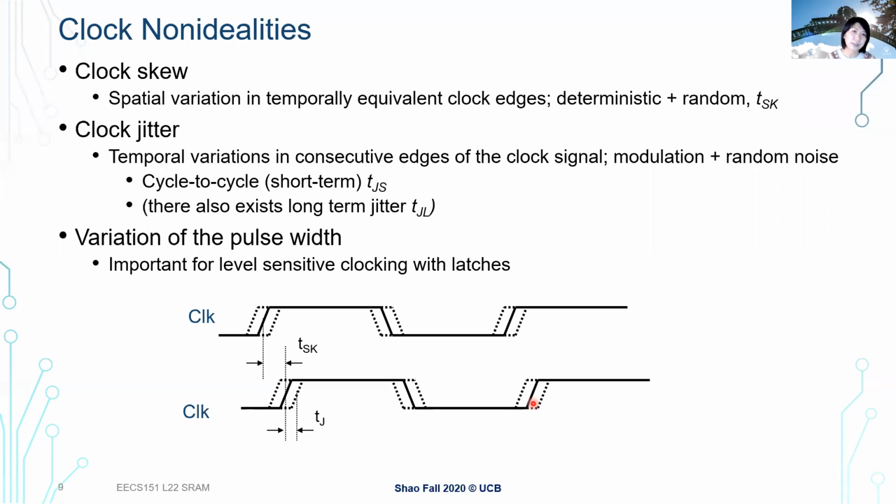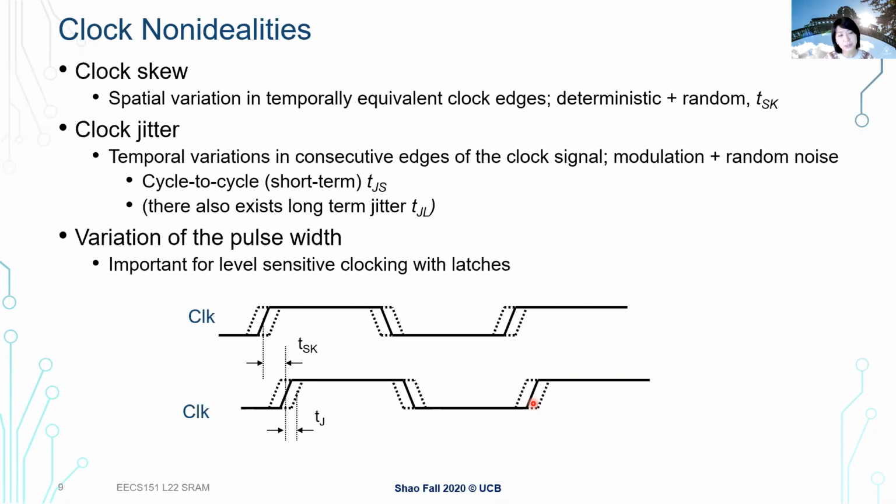The pulse width is more relevant for latch-based timing. We will not discuss that too much in this class because it is less relevant these days, especially for today's high performance processor design. For some of the really high performance designs, latch-based timing is still used, but it's just a very small market at this point.